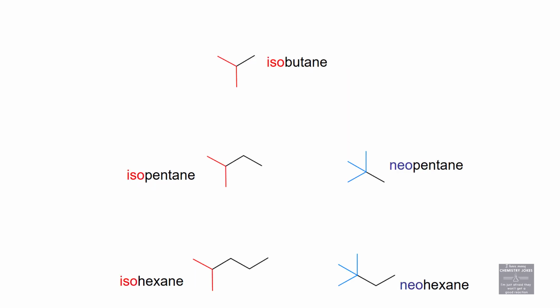Here are the splits that I was talking about: iso, iso, iso, all have that same little fork on the next to last carbon in the line. Neo has a 2-pronged fork, a 3-pronged fork, however you want to count it, a little chicken foot hanging off next to the end carbon in the line. Iso and neo, common naming.